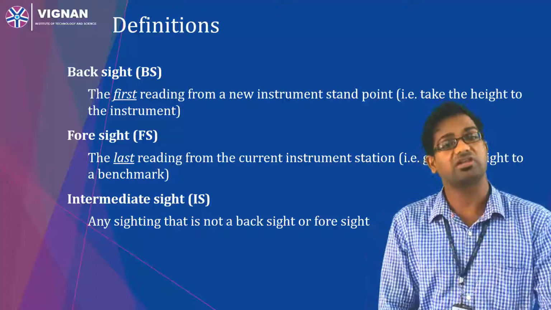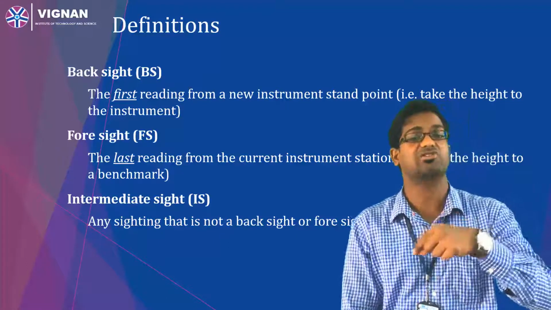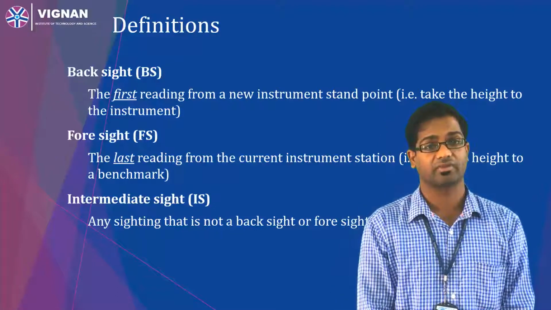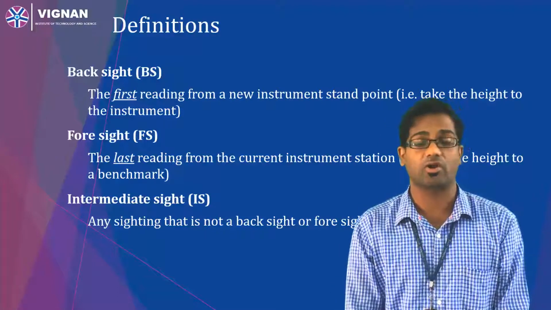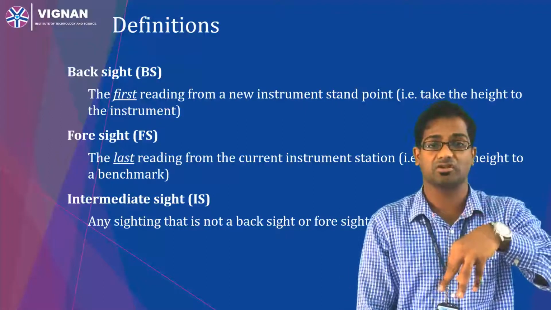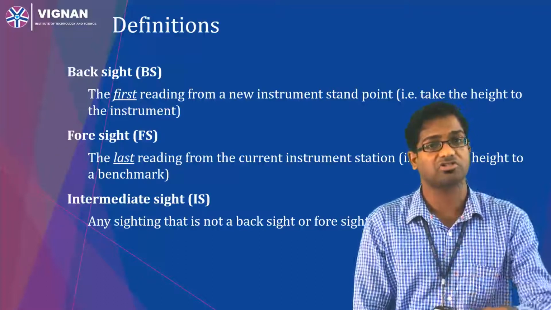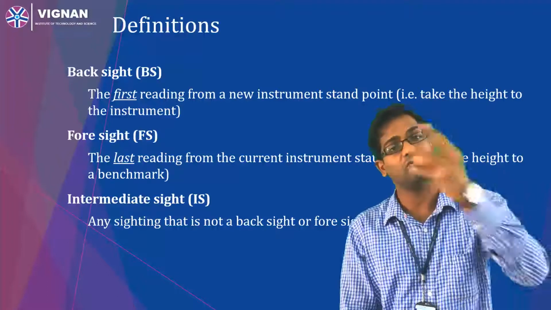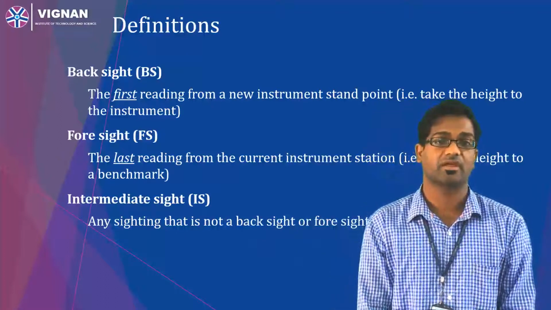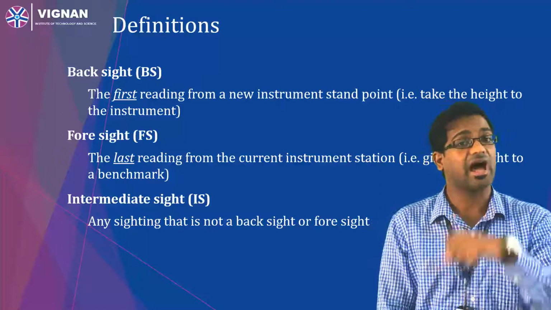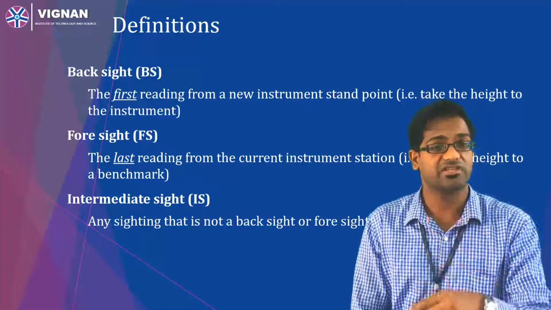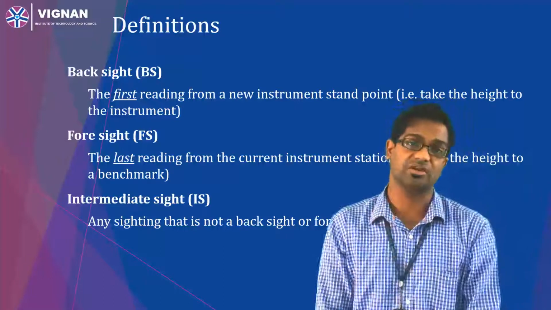The first reading from the instrument station or the new instrument station is also called a back sight. Always remember that you cannot calculate all the ground levels from the same instrument station. You often have to change the instrument station from one point to another in order to have visibility. Foresight is the last sight done before changing the instrument station.